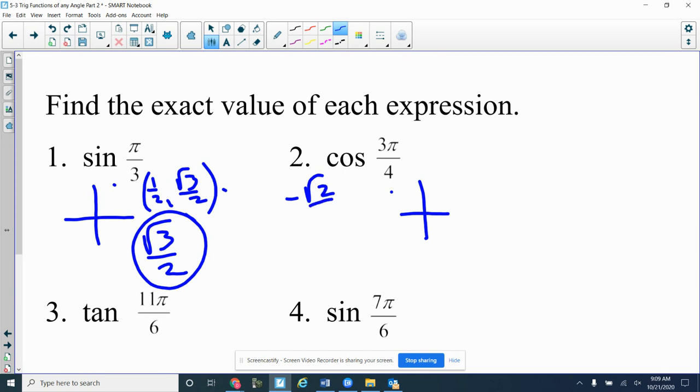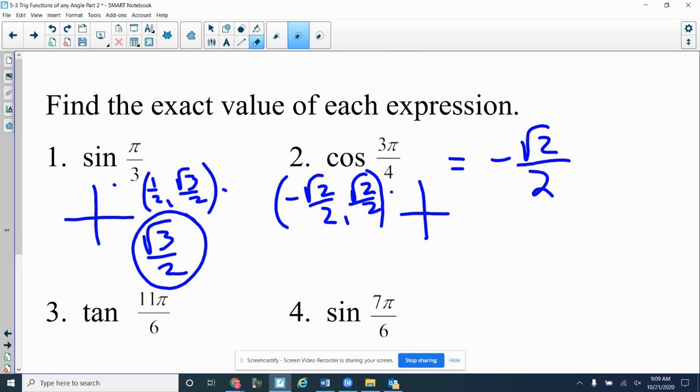Negative radical 2 over 2, radical 2 over 2. Now, the cosine is which one, the x or the y? That's the x. What is the x value? Negative radical 2 over 2. So the answer is negative radical 2 over 2. Okay?